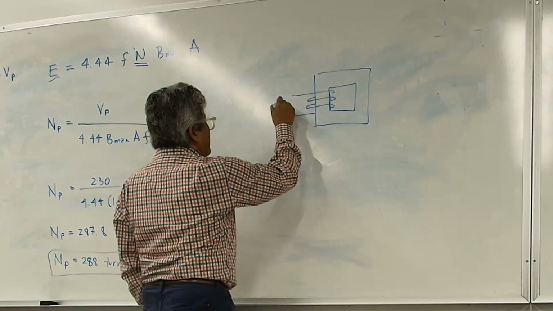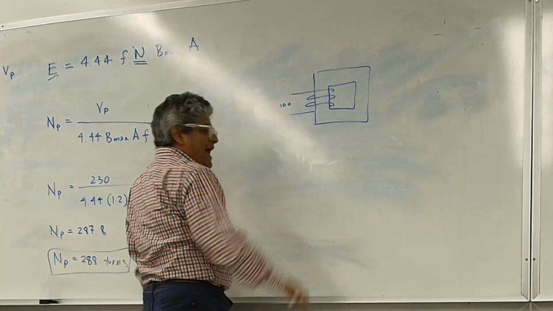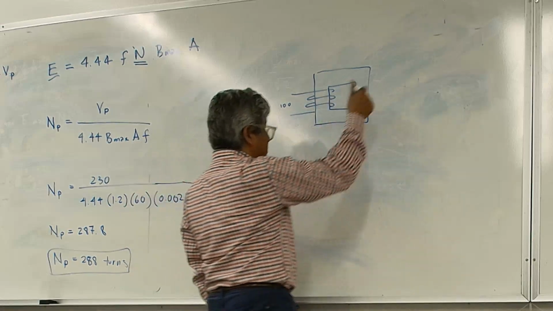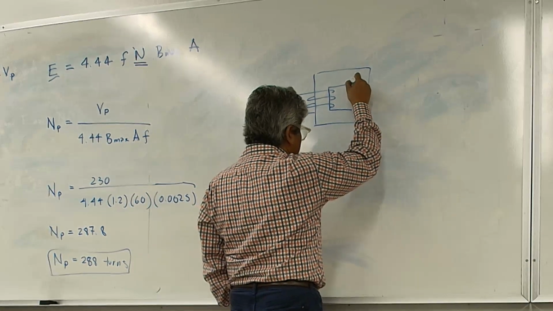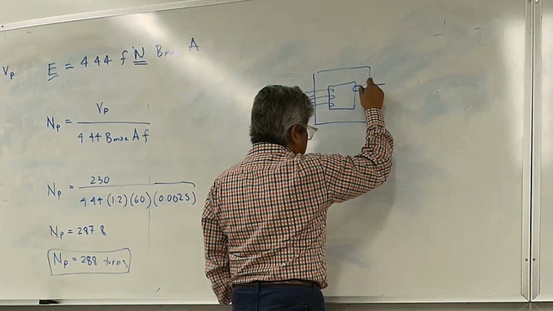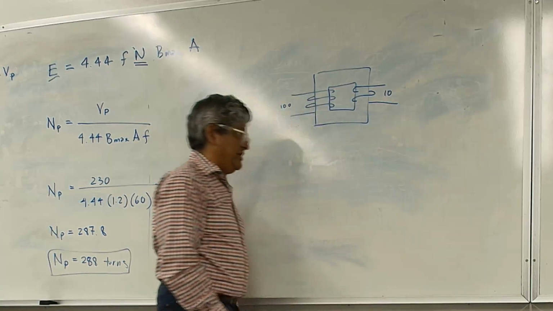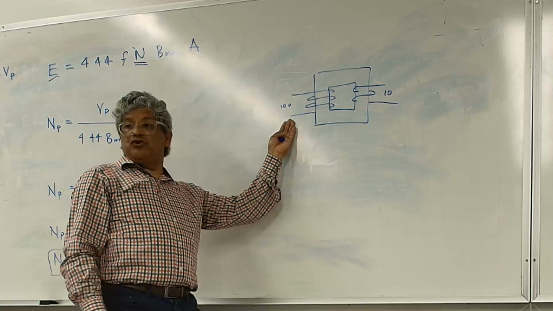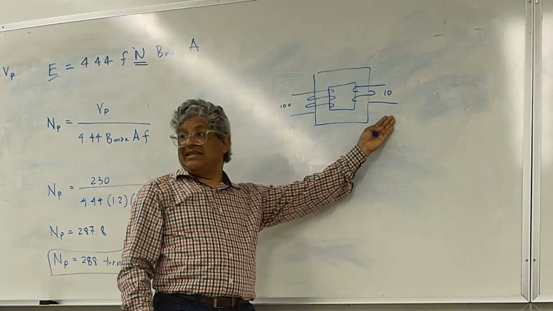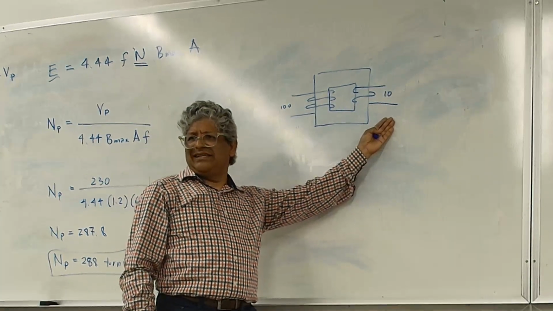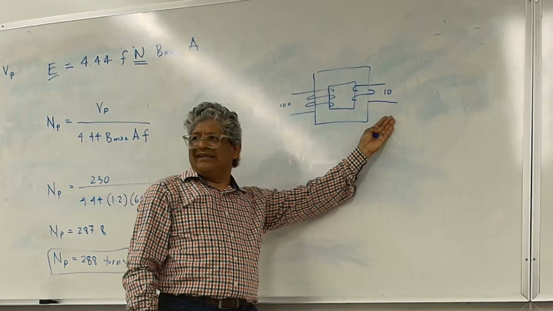I have 100 turns right here, which is the next step we're gonna do here. And they're asking me, what about the secondary? Well, the secondary, for that design, I need 10 turns on the secondary. So then, I can have 220. Do I make sense? But physically, you should do 10 and 1, right?